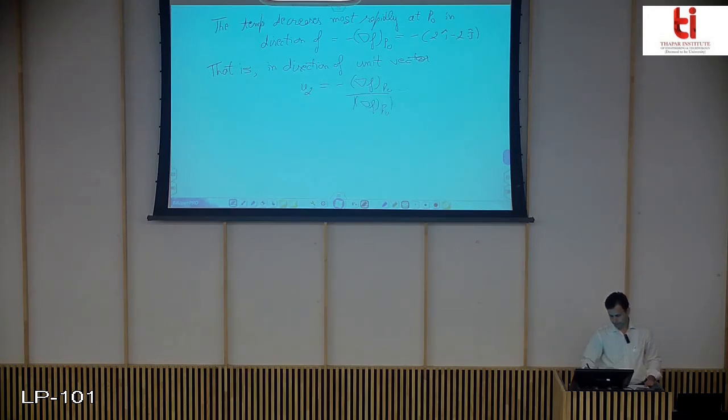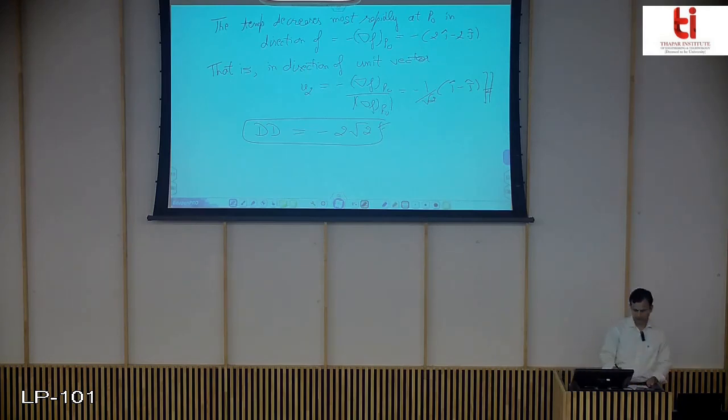So that gives you minus 1 upon root 2 times (i minus j). So this is the direction in which f, or temperature, will decrease most rapidly at point P naught. And also the directional derivative is going to be minus 2 root 2, which we have found already. So this completes the question, in which direction temperature increases and decreases rapidly.